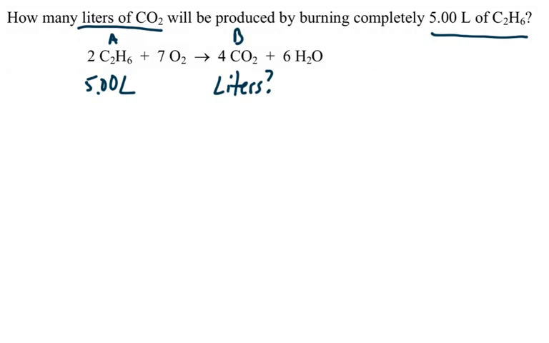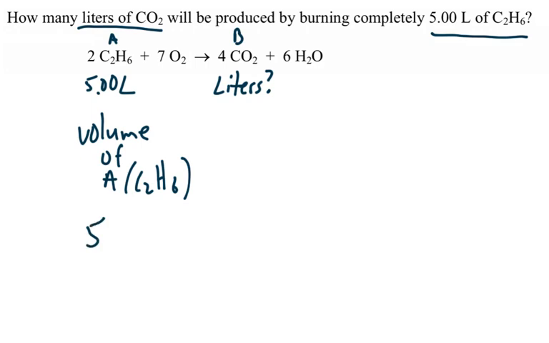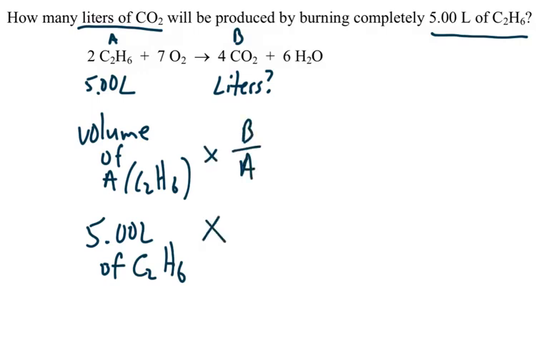The way we set this up is we get the volume of the given, or volume of A, being C2H6. So that's given here, 5 liters of C2H6. Then we're going to multiply by B over A, or the volume ratio in this case. The coefficient of B is 4. The coefficient of A is 2.